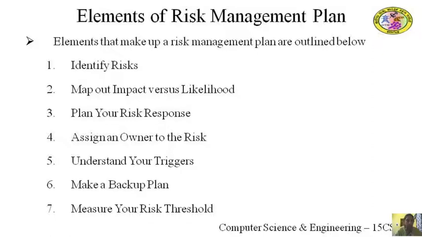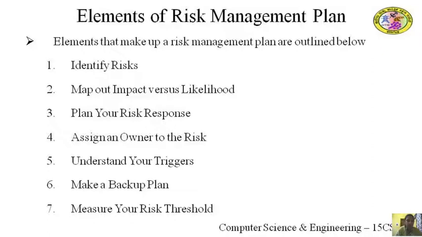Second element is to map out impact versus likelihood. Here, you will review the qualitative and quantitative impact of the risk, like the likelihood of the risk occurring versus the impact it would have on your project, and map that out into a matrix or spreadsheet.